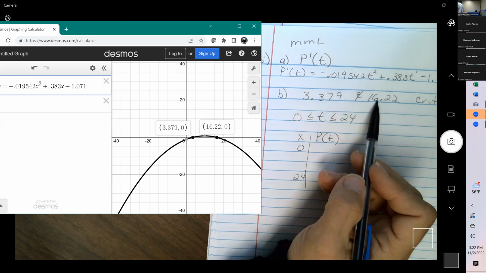I couldn't find one with nicer numbers online. I don't know why. Yes, the table you can do on Desmos also. So what you could do, let me move this over a little bit. We'll delete this.